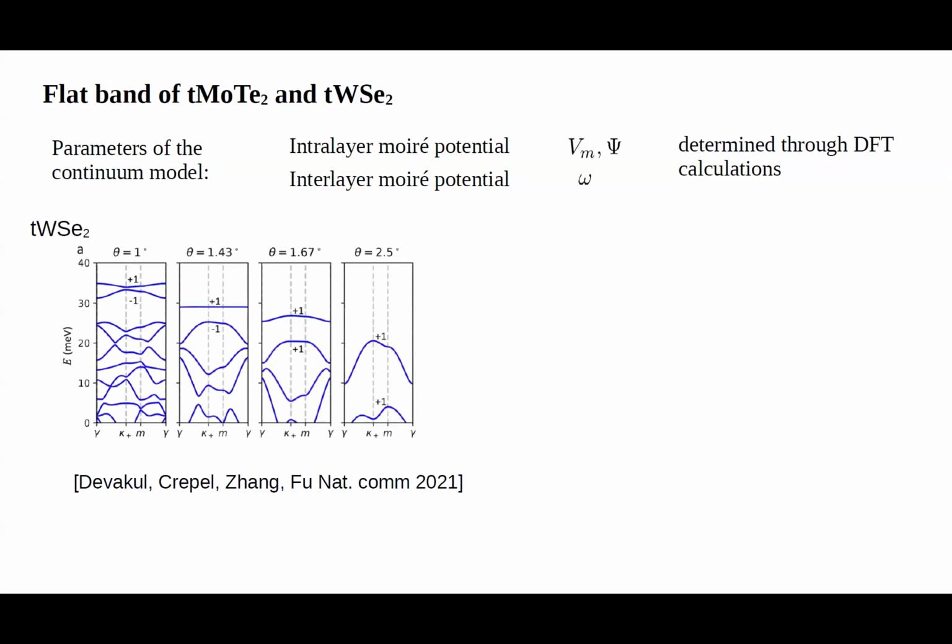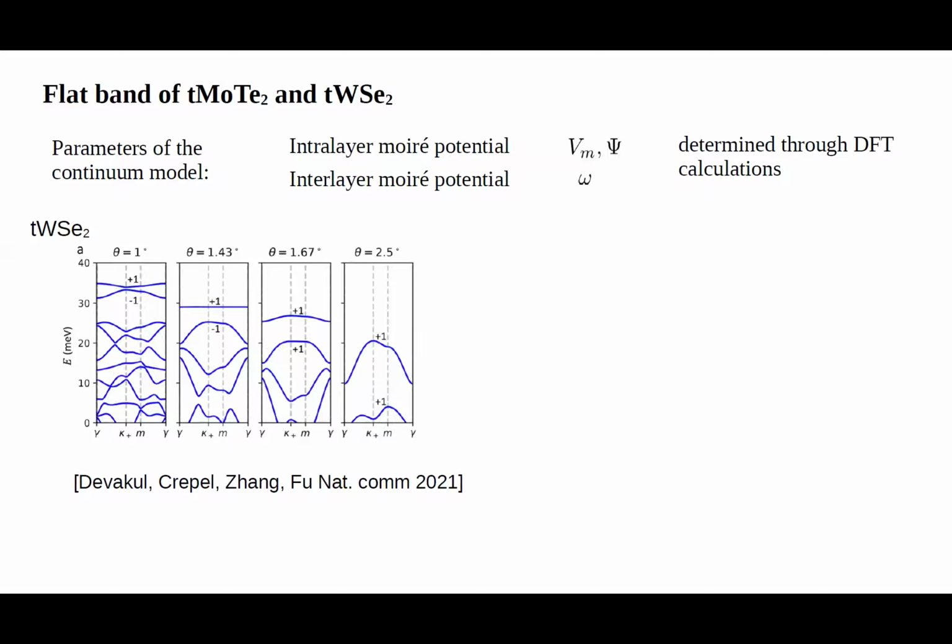Here is a calculation in twisted WSe2, which shows you that you can, for some angles, have an almost flat band and others have a really nicely flat band, which as you go to larger angles will become more dispersive. And I mentioned earlier that you had to come up with a value for these parameters.